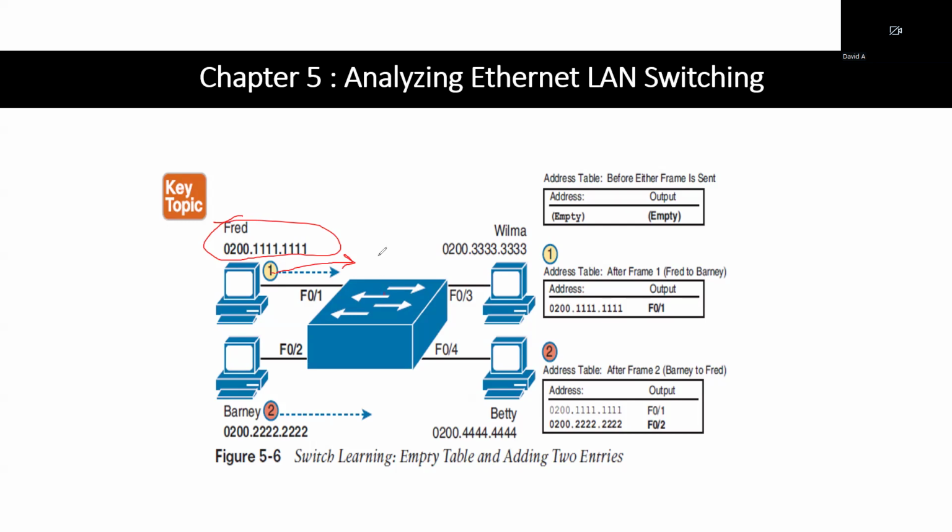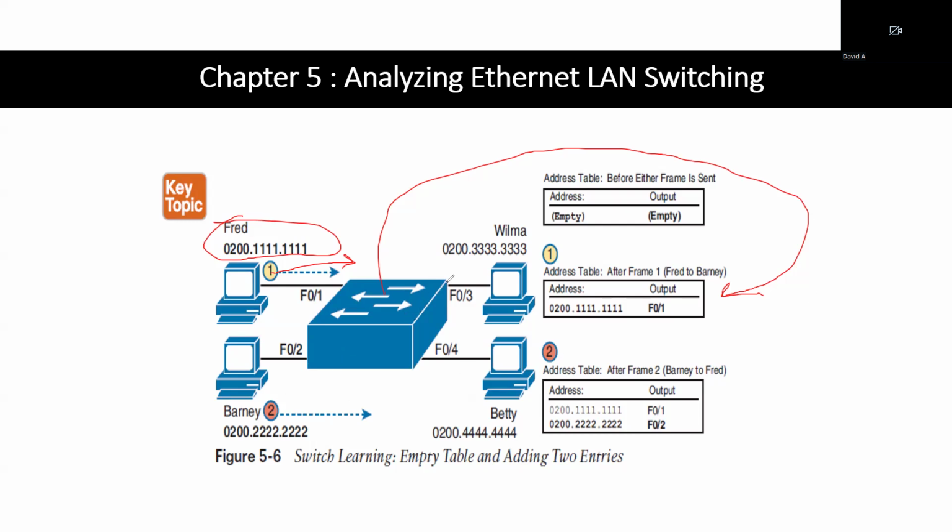The switch is going to say, hold on, I want to send a frame over to Barney, dot 2222. But the MAC address table is going to lock in Fred's MAC address, and lock in the interface where it learned this MAC address from. Now I'm starting to build my MAC address table.